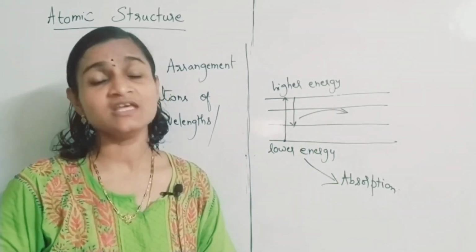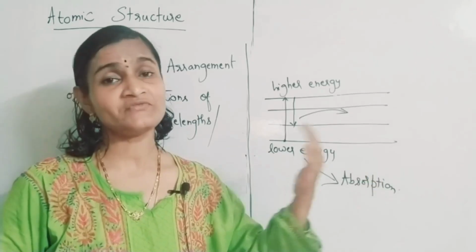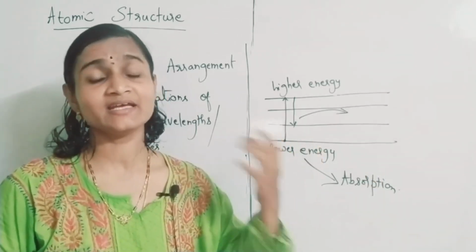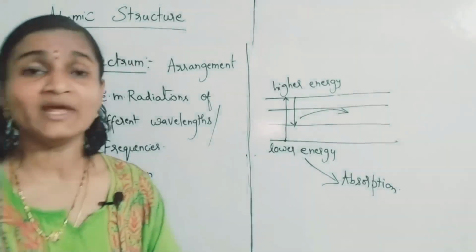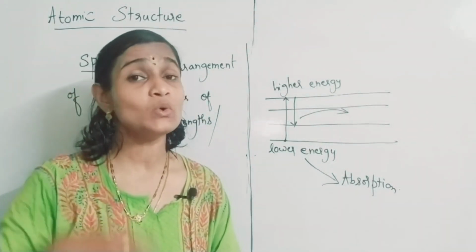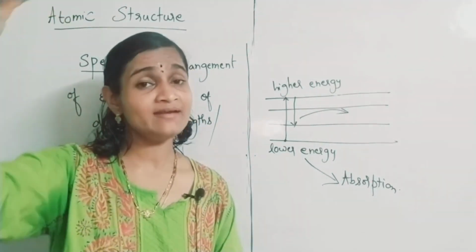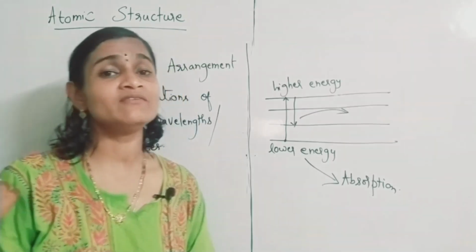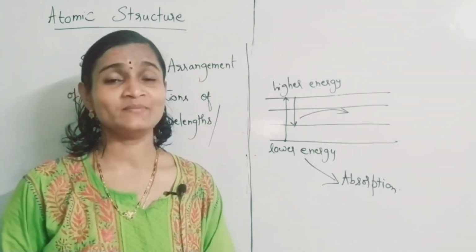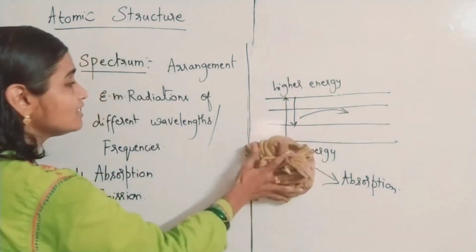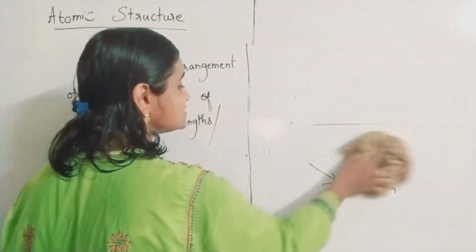Some of its energy is given out in the form of radiation, and that radiated light gives you the emission spectrum. So absorption spectrum is obtained whenever an electron jumps from a lower energy level to a higher one, and emission spectrum is obtained when an electron jumps from a higher energy orbit to a lower energy orbit. This is regarding absorption and emission spectrum.